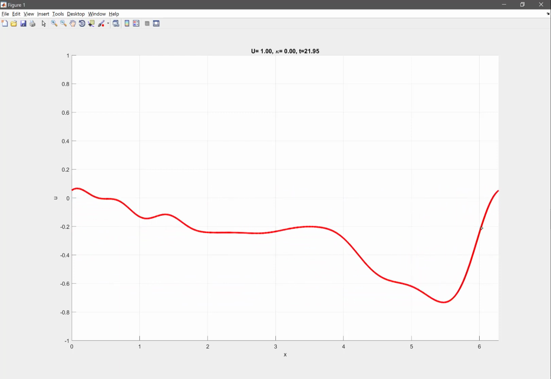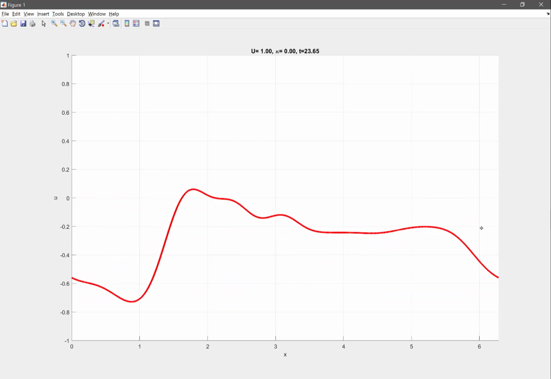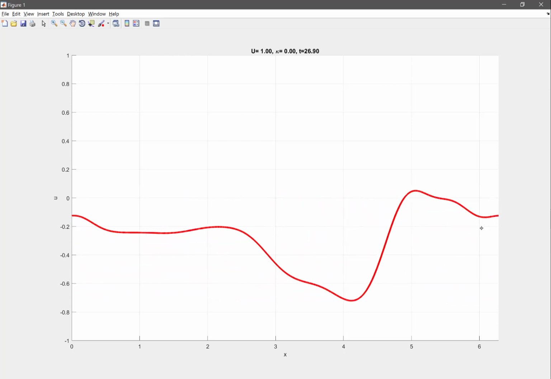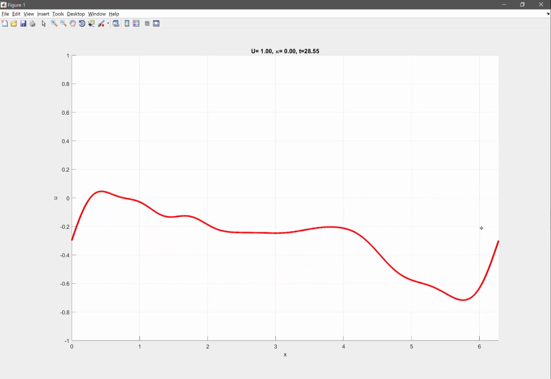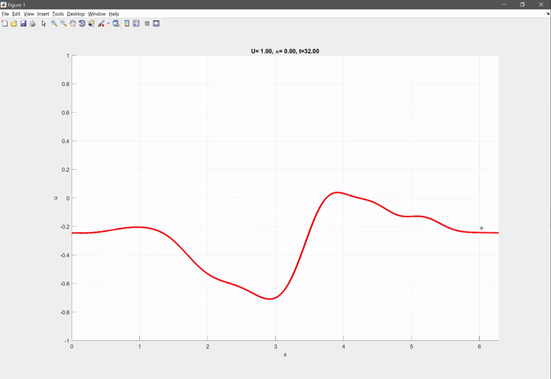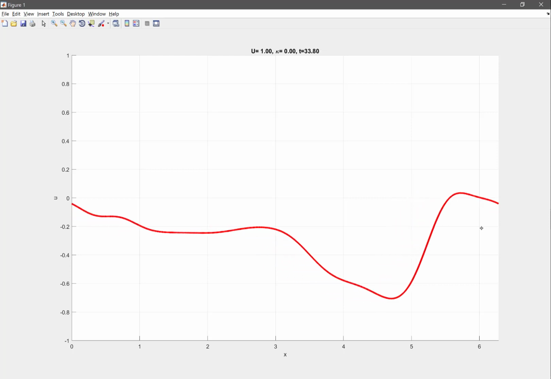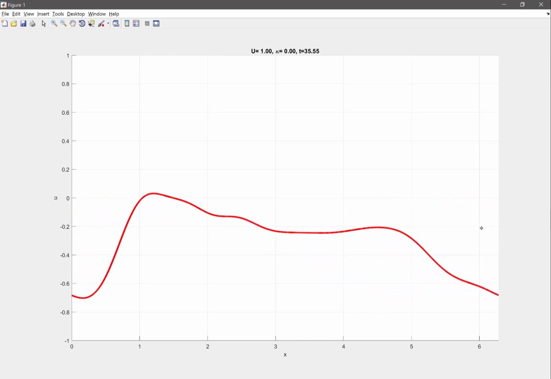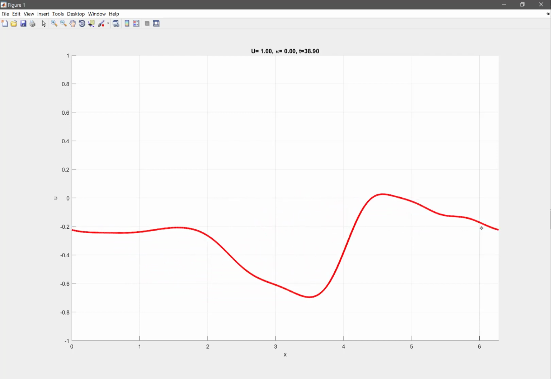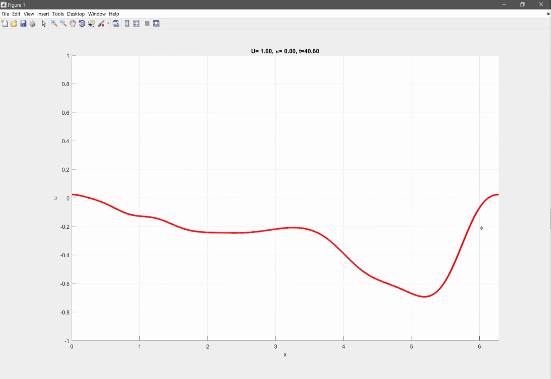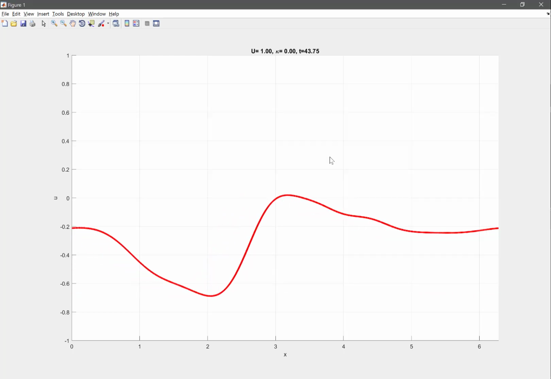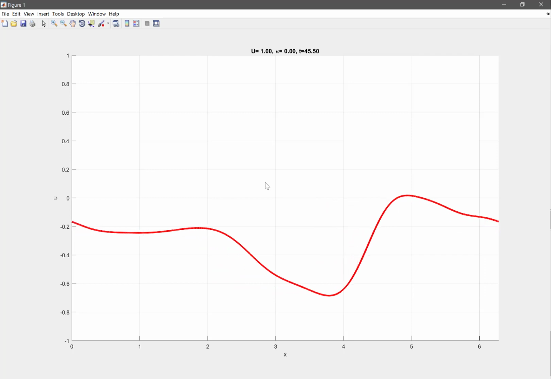The wiggles that have been drawn on the screen now seem to be diffused. The peaks are no longer as sharp as before, and everything seems to be more mundane than what's initially drawn on the screen. That's actually the effect of diffusion, and I put it as a very, very small diffusion coefficient, just to make the effect go slowly so that you can see it.